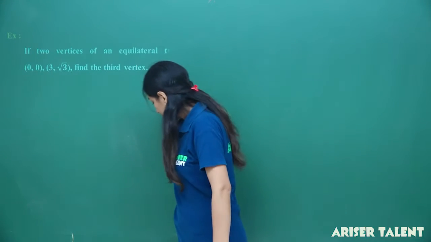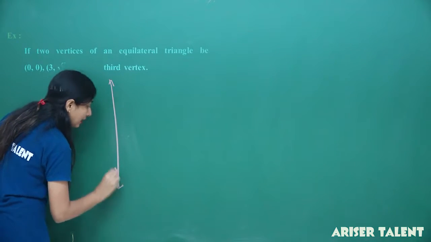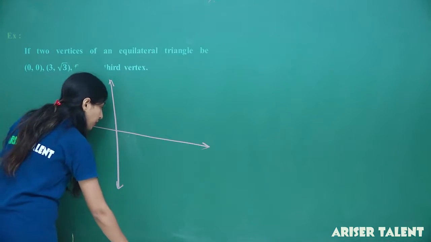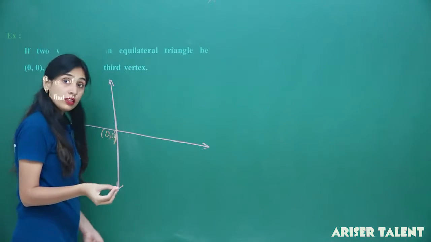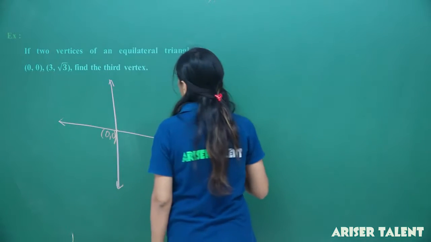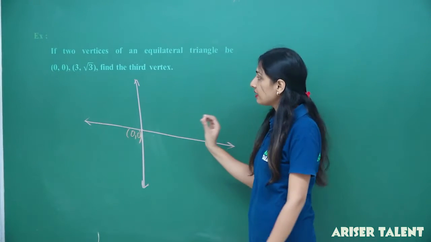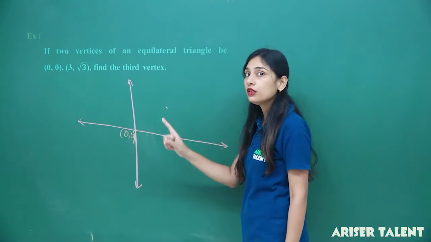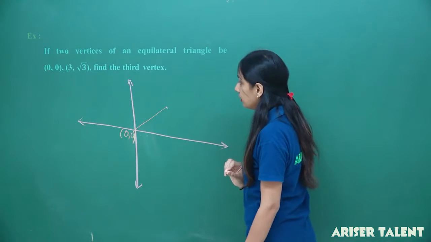This is an equilateral triangle, which means all the three sides are equal, and one point is given here, that is 0, 0, the origin. The second one is 3, root 3. Both values are positive, so it lies in the first quadrant.